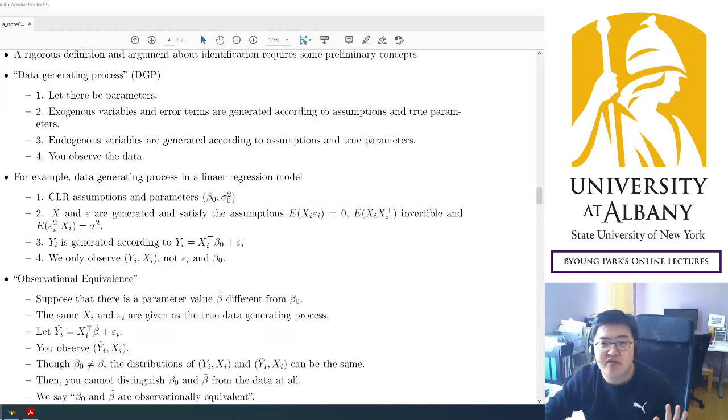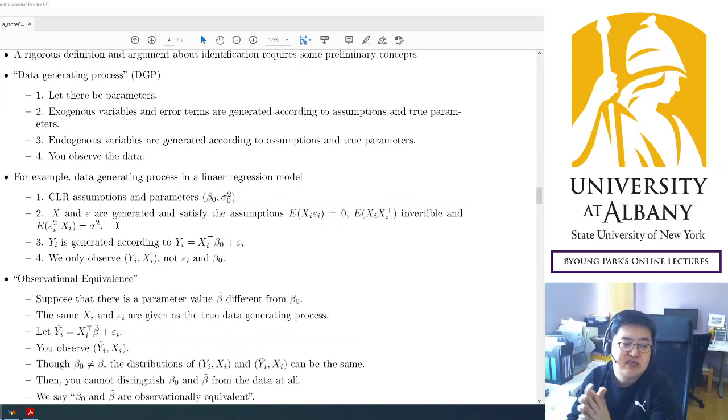So in the linear regression model, it's obvious. First, someone chooses the true parameters beta and sigma squared. And then x, the independent variable, and the error term epsilon are generated to satisfy those assumptions like the exogeneity, invariability, and homoscedasticity assumptions.